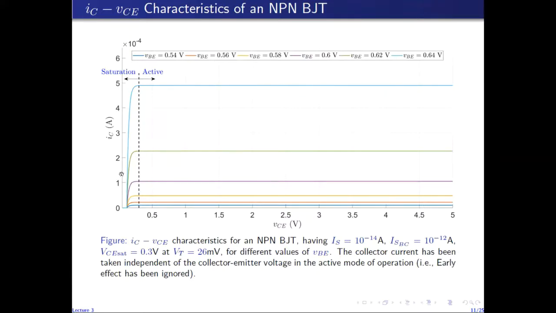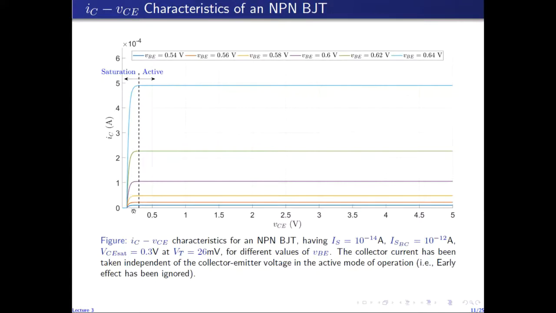And these IC versus VCE curves have been plotted for different values of the base emitter voltage. So for example, this blue curve corresponds to a base emitter voltage of 0.54 volts. The red curve corresponds to a base emitter voltage of 0.56 volts. The yellow curve corresponds to 0.58 volts, then 0.6 volts, and 0.64 volts.